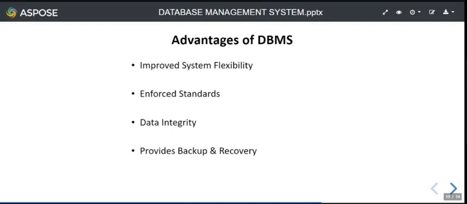If we talk about minimized redundancy, the data in a DBMS is more concise because, as a general rule, the information in it appears just once. This reduces data redundancy, because redundancy is the problem of storing the same data item in more than one place.